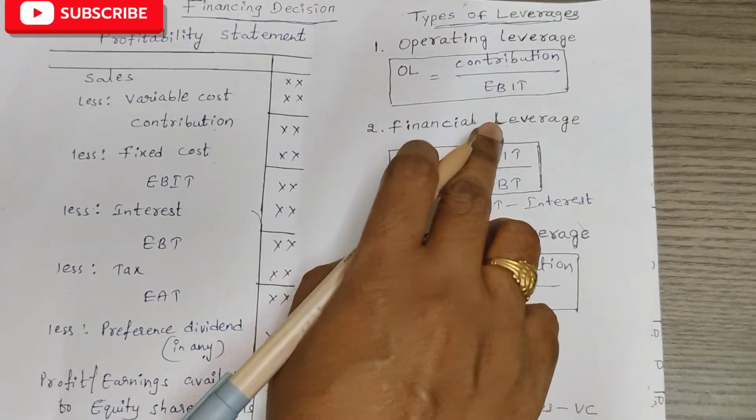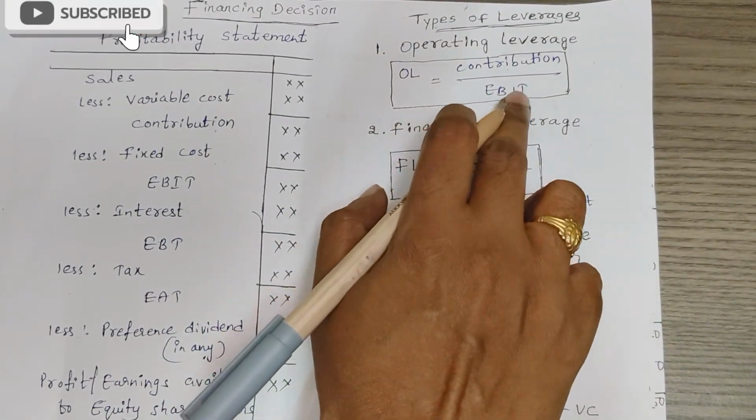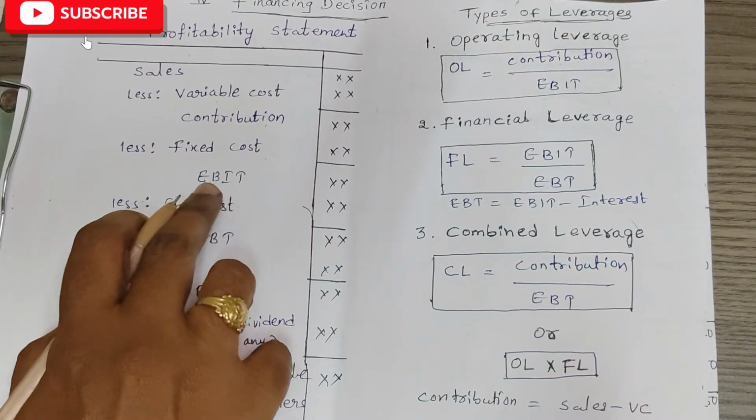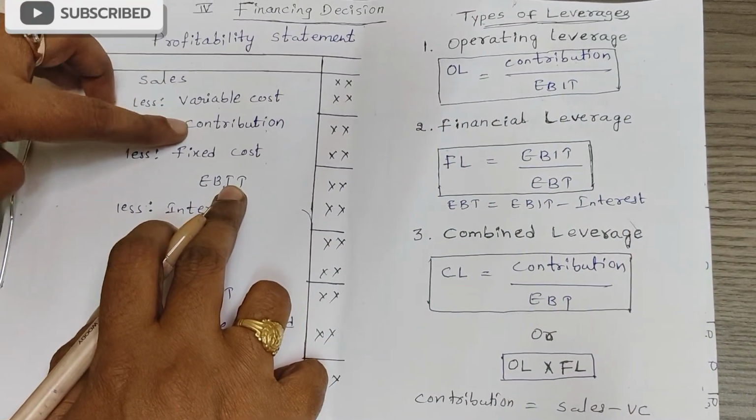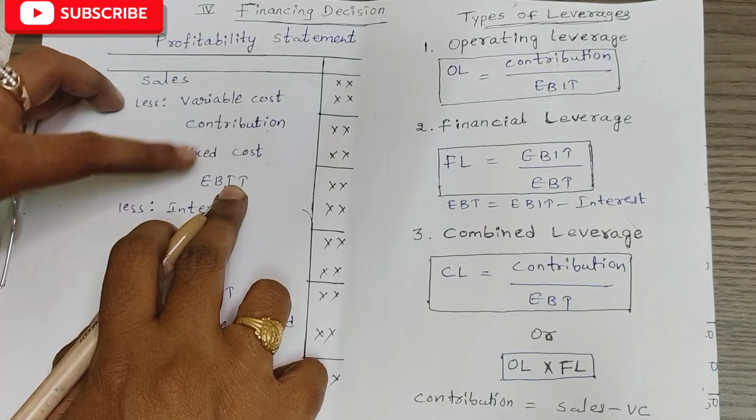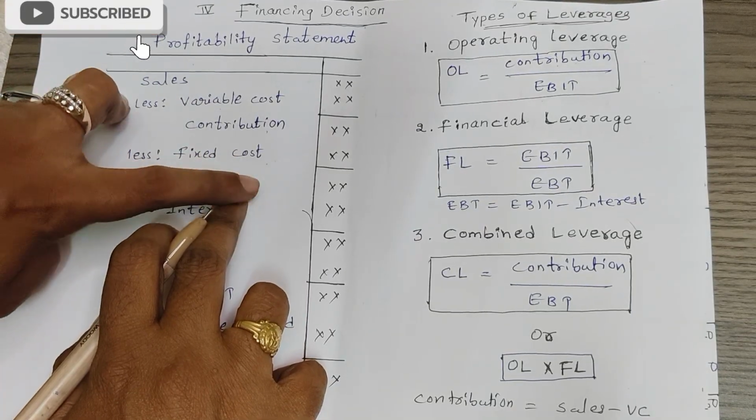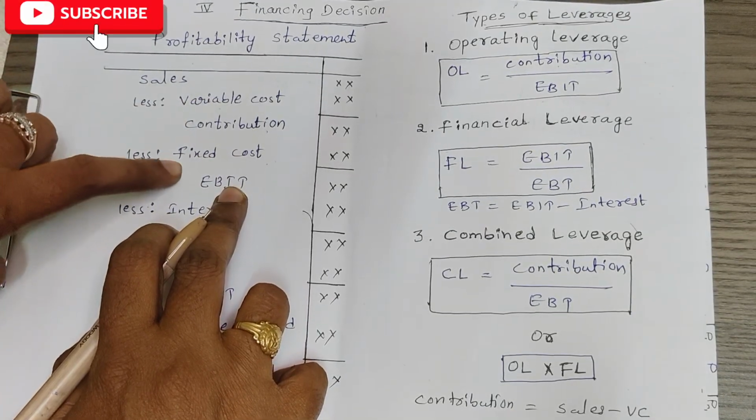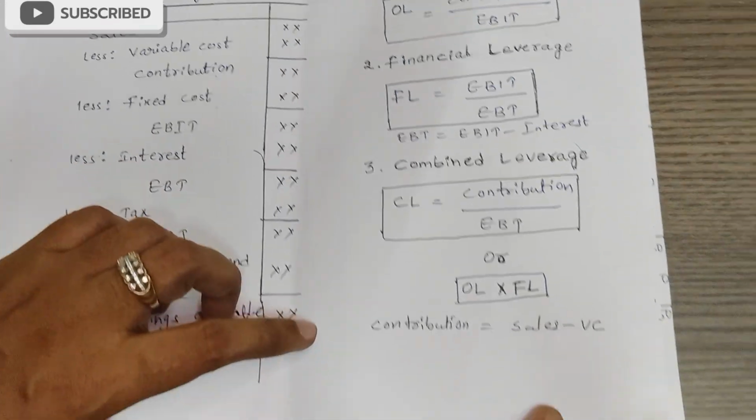Next, EBIT, earnings before interest and tax. After contribution, if you deduct fixed cost, you will get earnings before interest and tax. So we can write contribution minus fixed cost is equal to EBIT.